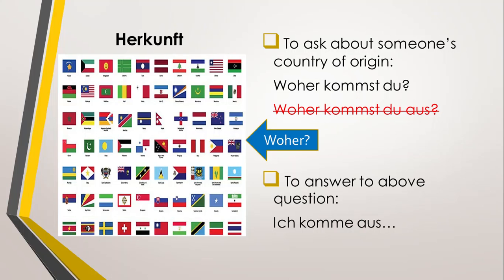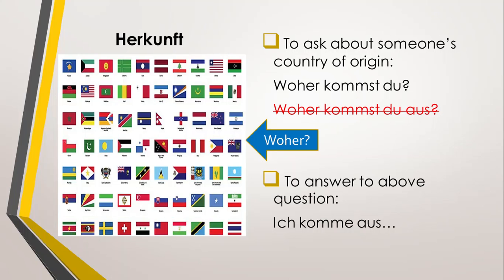So to ask about someone's origin or place of origin or Herkunft, as we call it in German, we will not use the word Herkunft in the question or the answer, but we will ask about the place of origin with another W-Frage, another question that starts with a W, which is the question, woher?